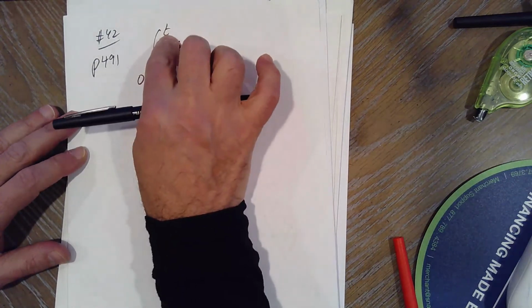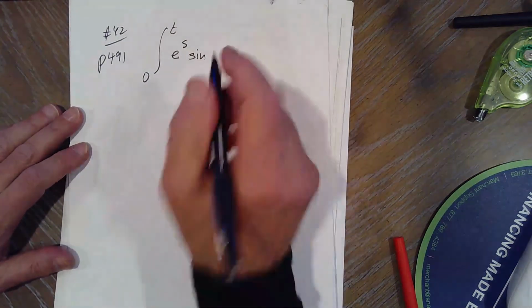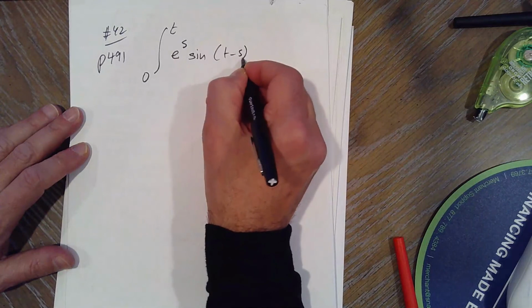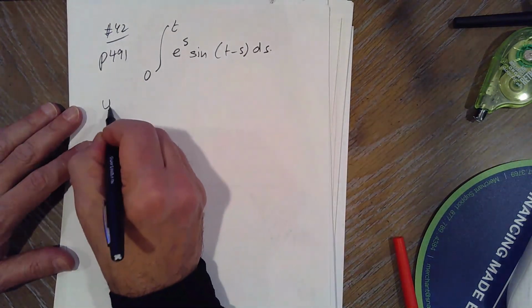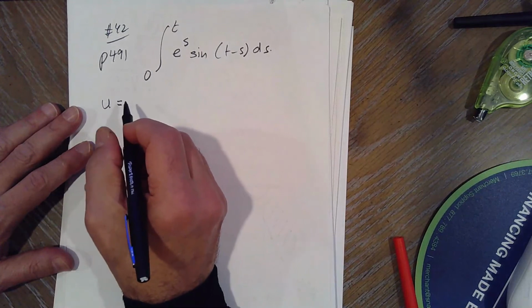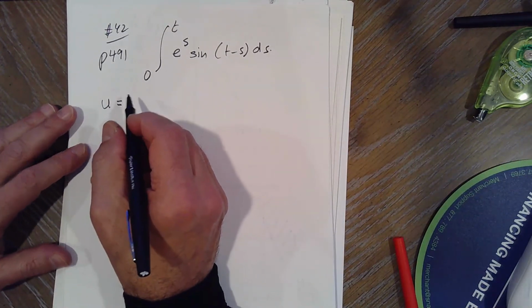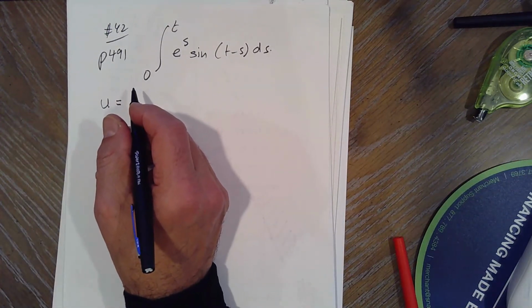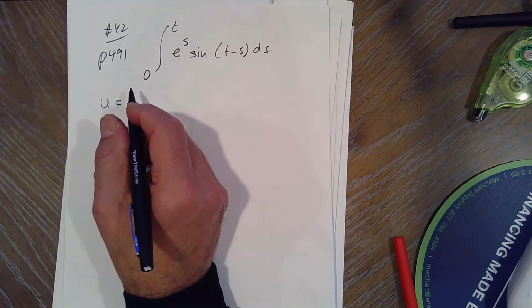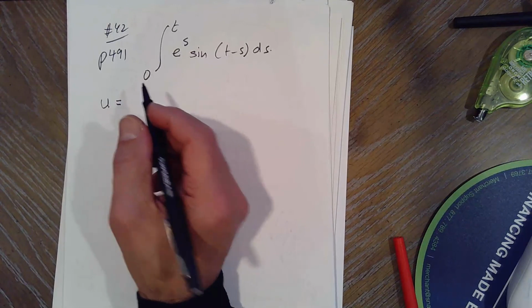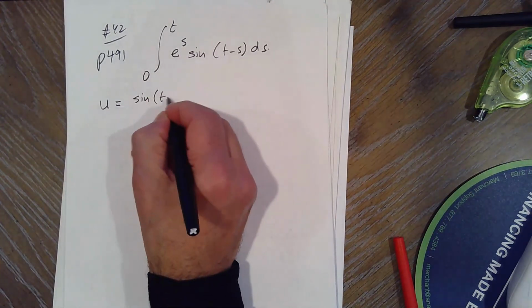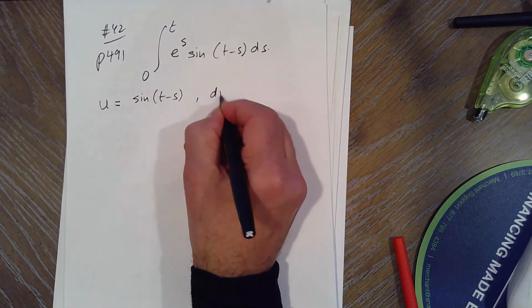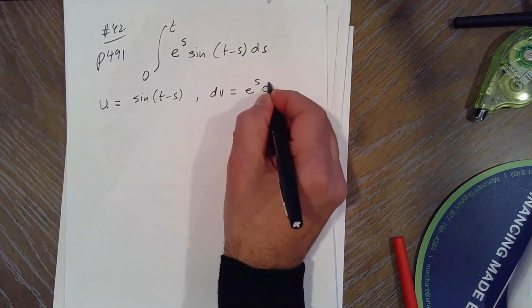You can see the upper limit is a variable, which is different from what you're used to. We can let u equal sine of (t minus s) or e to the s, it doesn't really matter. And then dv is e to the s ds.